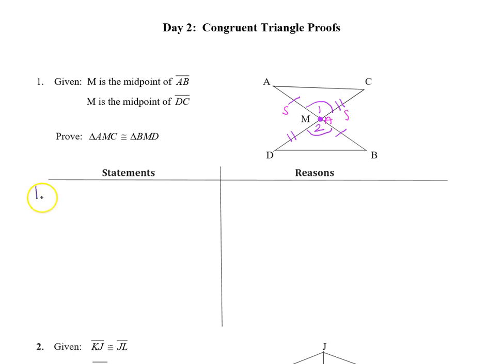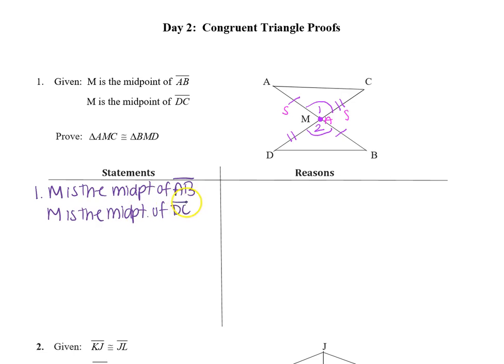So first we always write out our givens. Okay, let's talk about those sides being congruent first, because they didn't tell us that each of these sides were congruent.